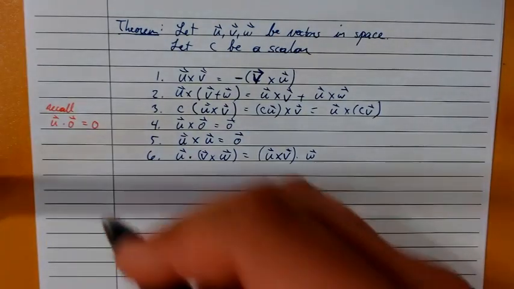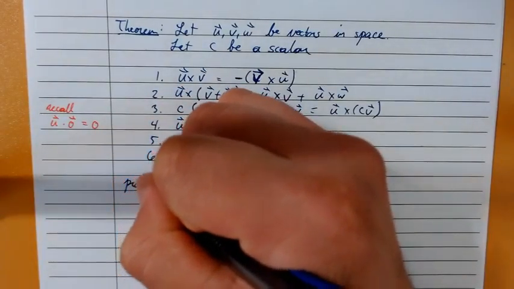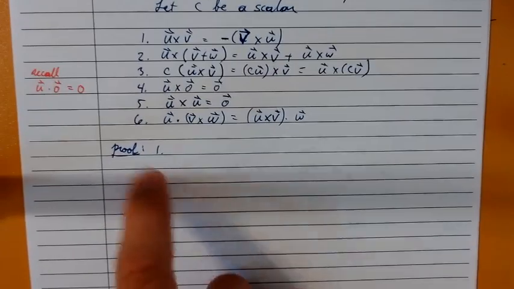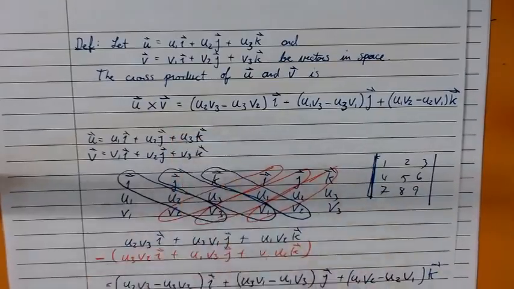Okay, so the proofs of these are all by definition. Here, let's start with number 1. The proof of number 1 is fairly straightforward. Okay, what is U cross V? Well, let's see. I have a definition of that.